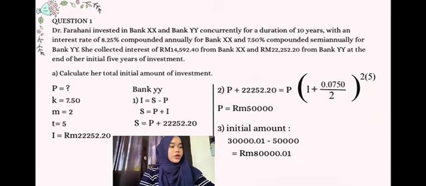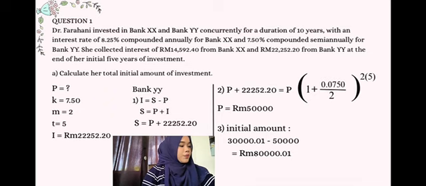In Bank YY, we use the same calculation method, which is S equals P plus 22,252 ringgit and 20 cents. Second, use the formula: P plus 22,252 ringgit and 20 cents equals P(1 + 0.0750/1)^5.